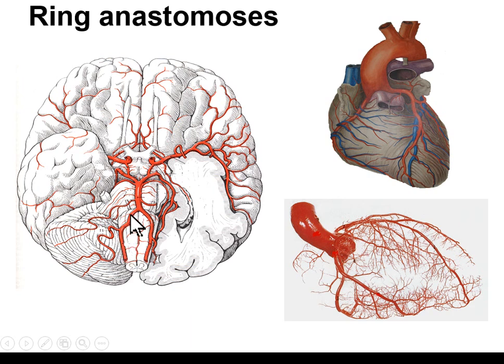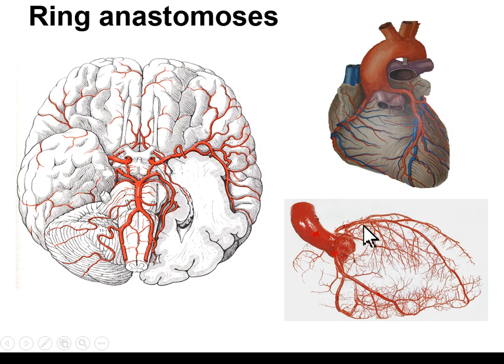from the vertebral arteries. This is intersystematic ring-shaped anastomosis. Here, for example, is the heart. From the aortic valve originate the right coronary artery and the left coronary artery.